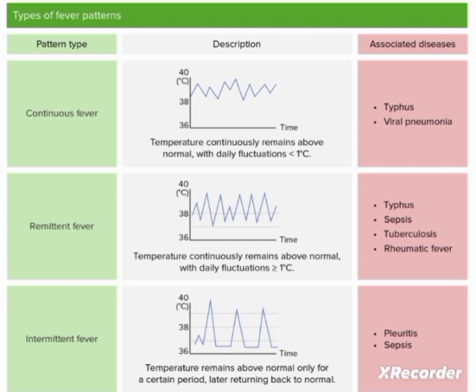So intermittent fever means temperature remains above normal only for a certain period, later it returns back to normal. So that's intermittent fever. This type of fever occurs in pleuritis and sepsis.